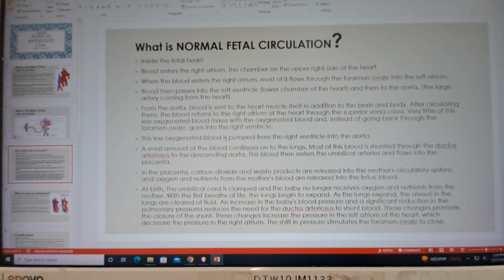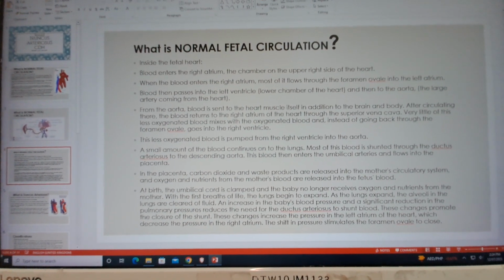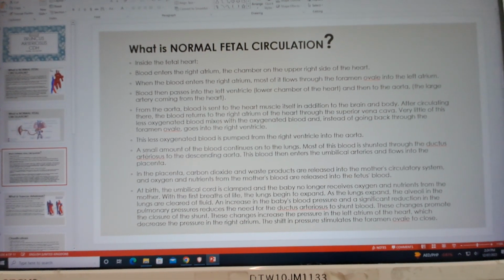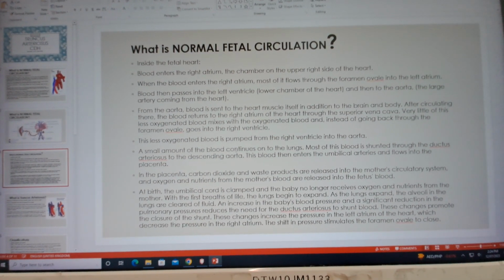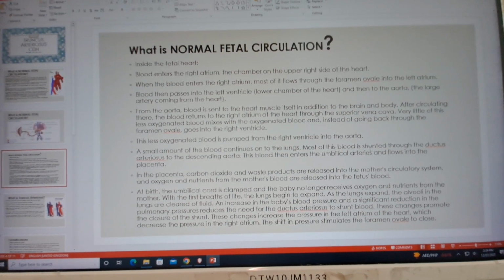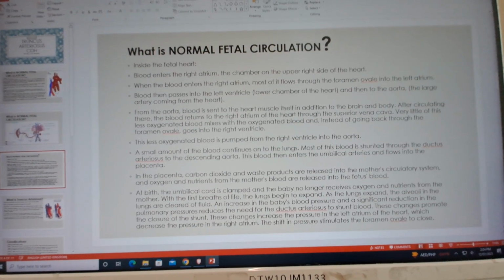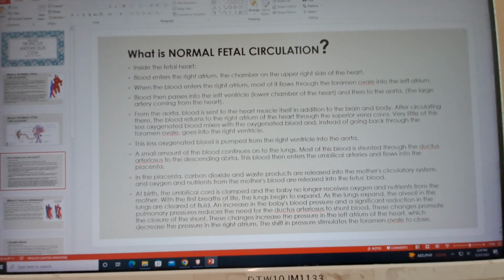This less oxygenated blood is pumped into the right ventricle and then into the aorta. A small amount of the blood continues to the lungs, and most of this blood is shunted through the ductus arteriosus into the descending aorta.